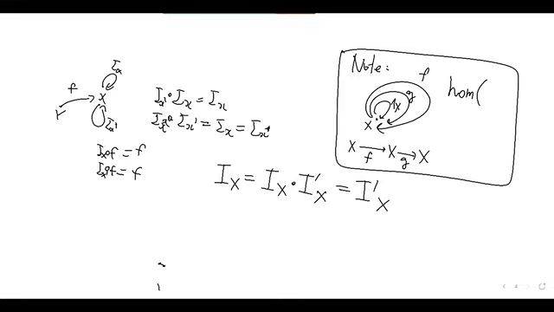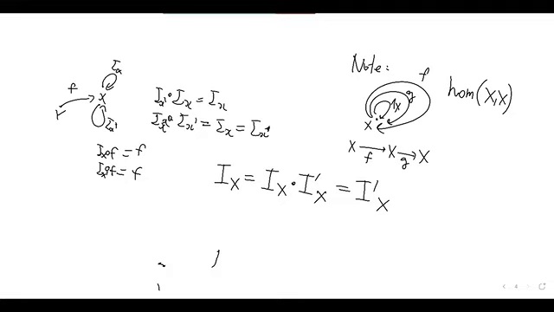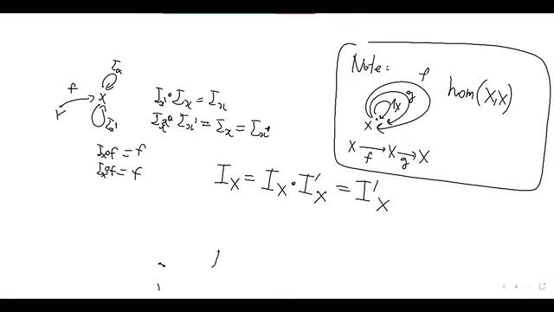Because of some examples of categories where morphisms become actual homomorphisms of mathematical structures, we use hom to represent the set of arrows from one object to another. In this case, it's going to be x and x, and we are saying that this thing, hom xx, is a monoid under composition and the identity element.